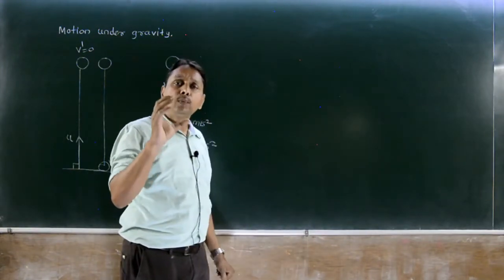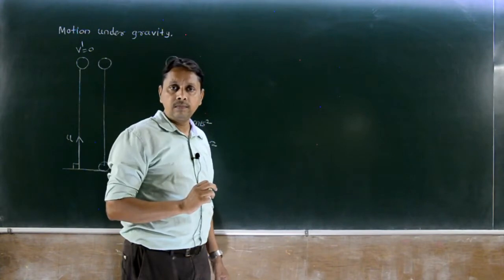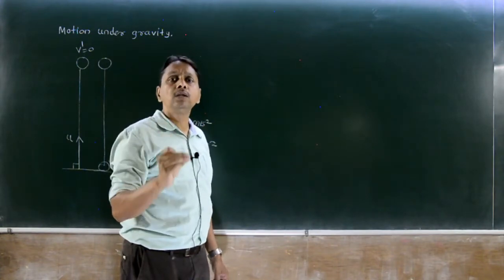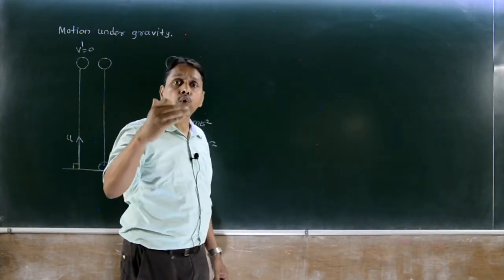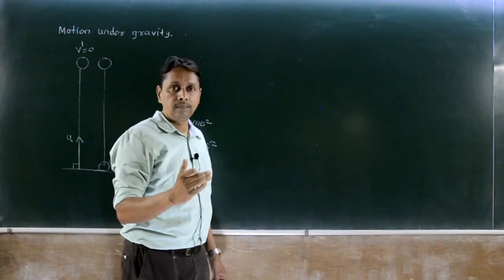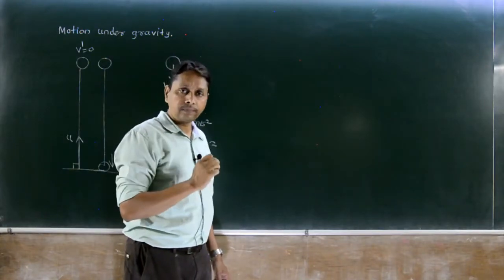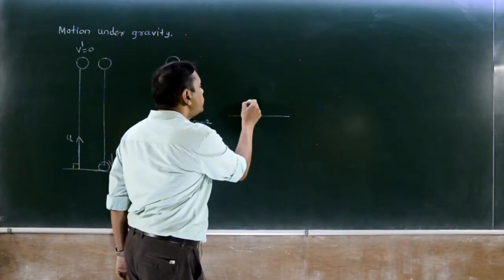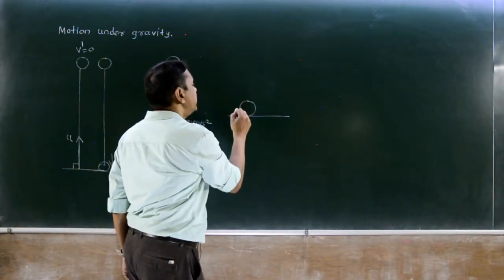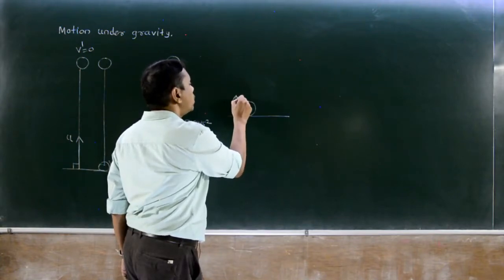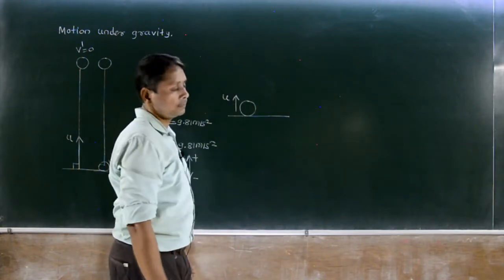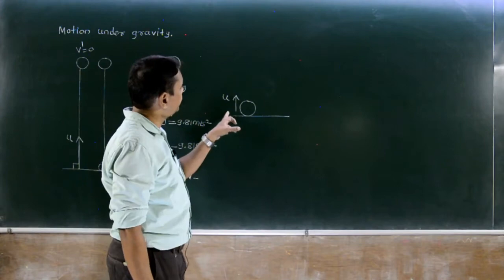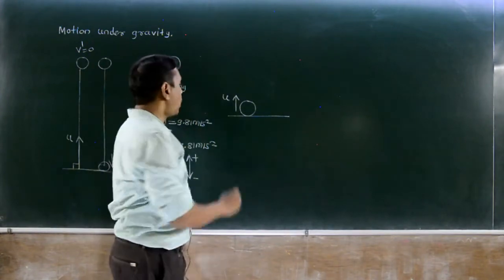I am going to apply this to derive the expression for velocities, and this expression for velocities we have to use to solve numericals of impact. So just take, let's say, one object thrown against gravity with velocity u from one point.